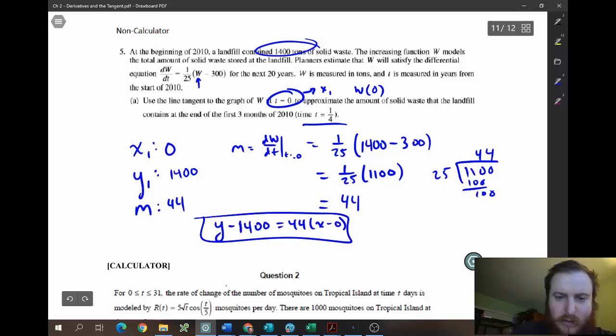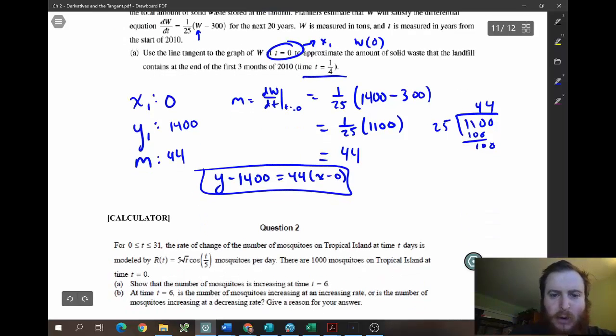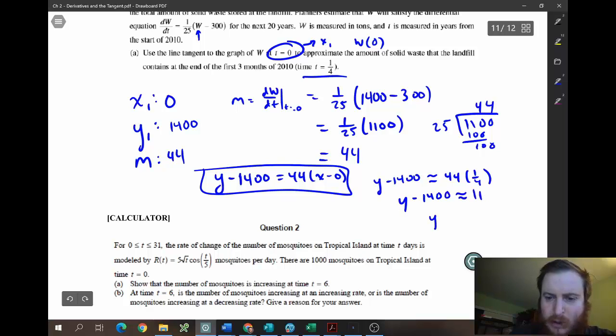There's our tangent line. And they say use that to approximate the value at time 1/4. And so this would be y minus 1400, approximately 44 times 1/4 minus 0. So y minus 1400 is approximately 11. So y is approximately 1411 tons of waste.